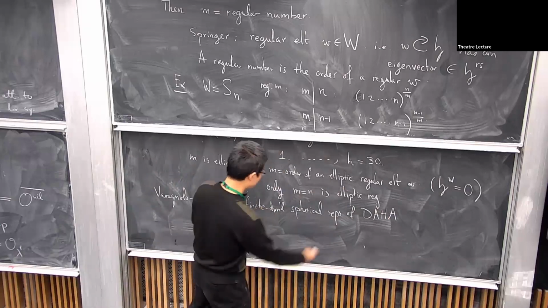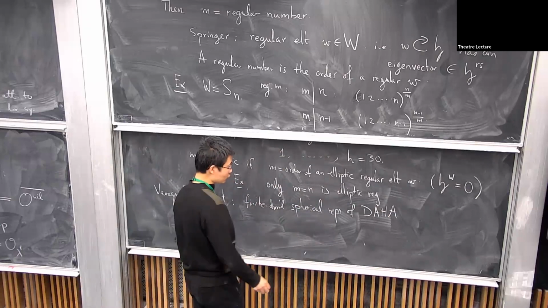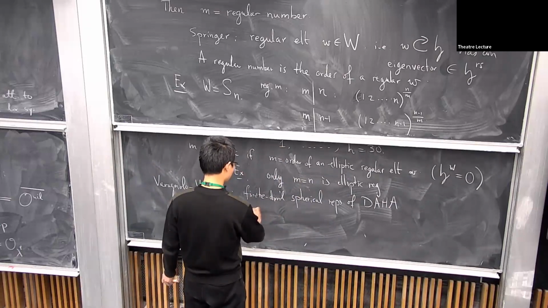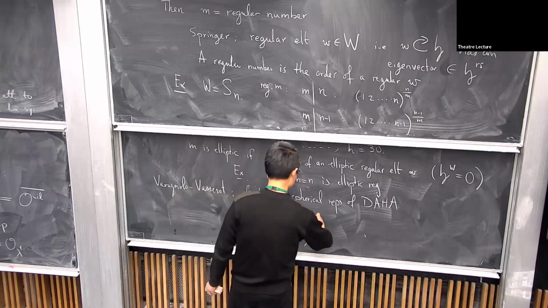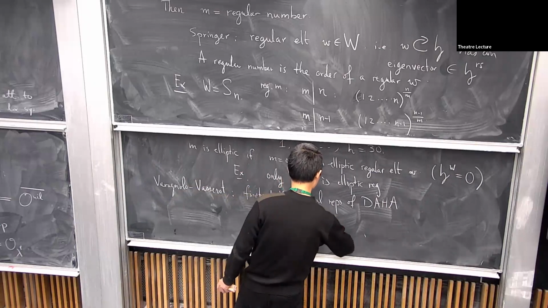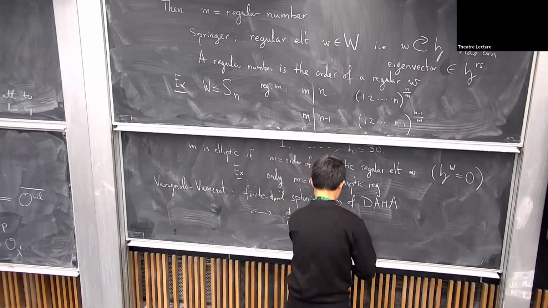Those parameters that allow finite dimensional spherical representations of DAHA are precisely this d over m, where m is elliptic regular.